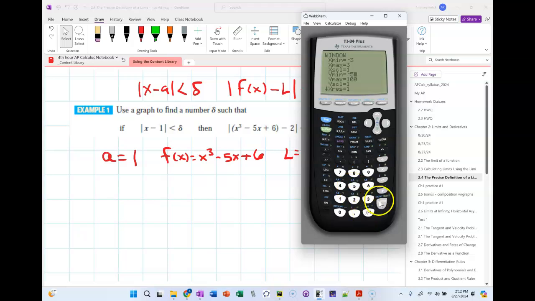And then maybe -5 to 5 for y, that should probably be enough. Again, L needs to be in that interval. L is just 2, so that ought to grab it. I want to see the whole thing just for my own sake, so I'll make that 15 or something. That ought to grab it. Okay. So far, so good. Yes, we have a graph of f of x.